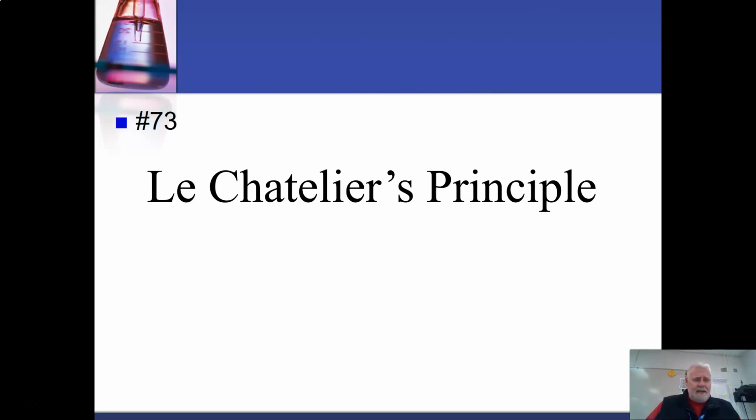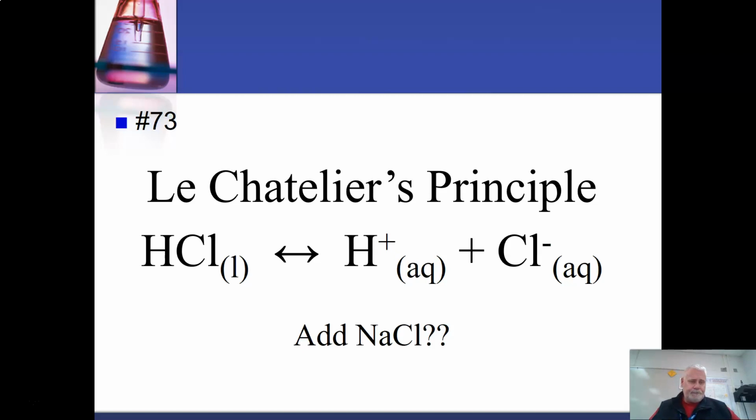Number 73 is about Le Chatelier's principle, which if you watch the video on it, you're going to be in good shape. I'll just clarify that it's a little bit different than the one in the video in that they don't say directly what they're adding, but if you have liquid HCl in equilibrium, and that's what that double arrow means, and you add NaCl, you're really adding just this.